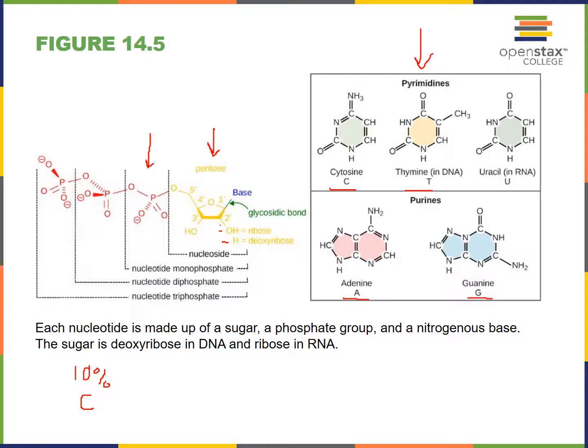Since cytosine has to equal guanine, that's the easy one. Guanine will be 10% also.